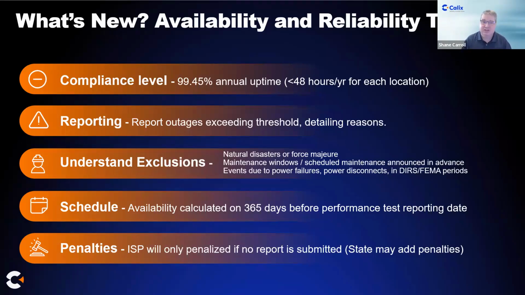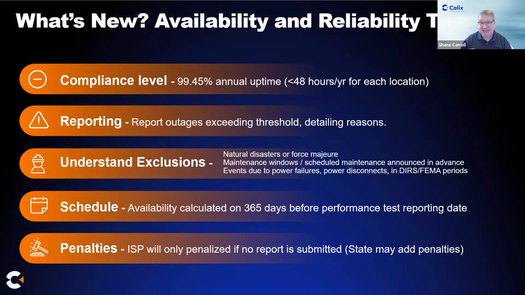And they all know things go wrong that are beyond our control. So that's things like natural disasters or force majeure. Very, very easy things, right? If you have a Hurricane Helene hit you and it's going to disrupt everything, that doesn't count. Scheduled maintenance windows for you or your upstream partners announced in advance are available to take out of that data. So that allows you to say, okay, reasonable maintenance is not counted against me.